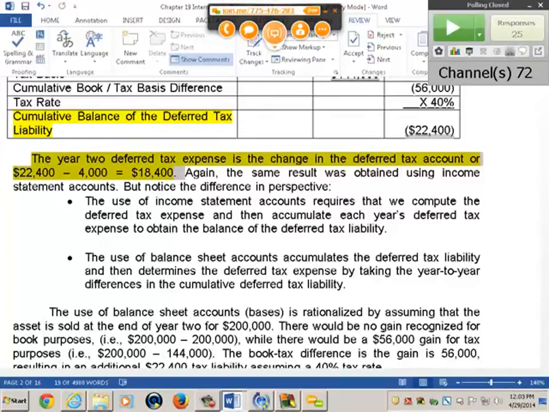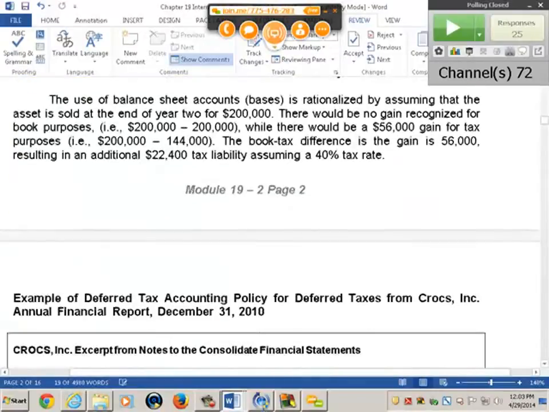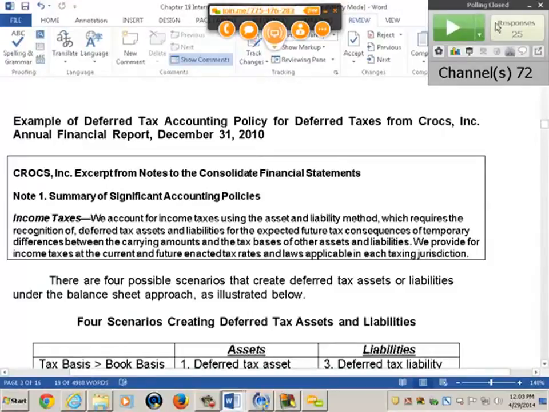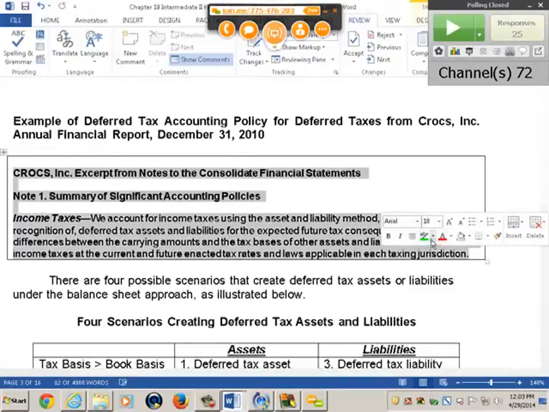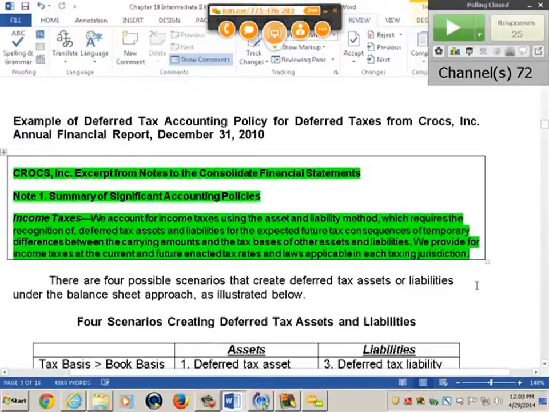All right, so that's the basis approach. That's the approach you have to use. In fact, let's go to this example on page 3. You're never, ever going to see expenses mentioned in a footnote. You'll always see it the following way. This is for Crocs.